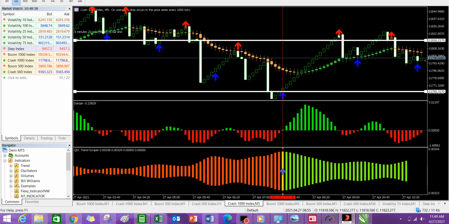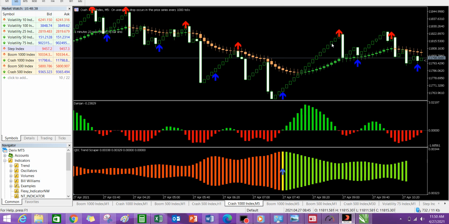You exit once you see the exit arrow appearing. That is 1 2 3 4 5 6 7 8 9 10 11 12 13 14. These are 14 5-minute candles. You don't even need to wait for all 14 candles to appear before you exit the market. You can exit after getting 2 or 3 candles.